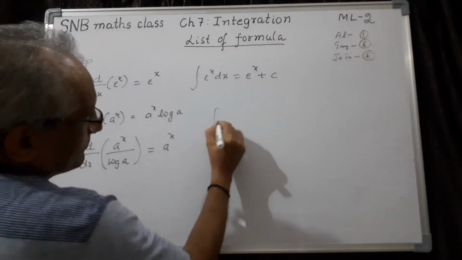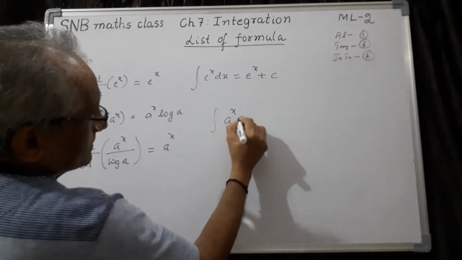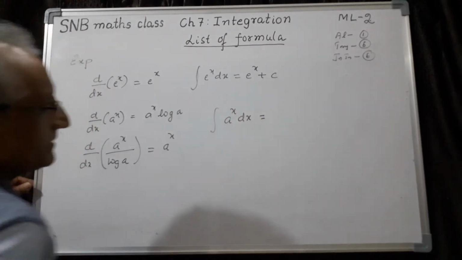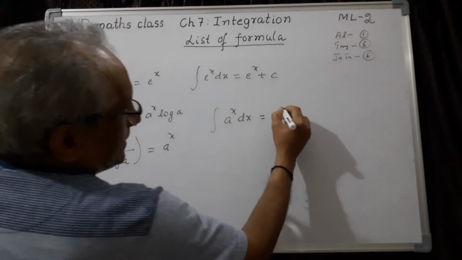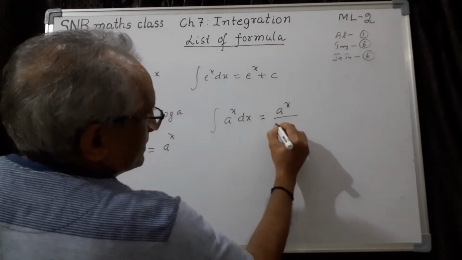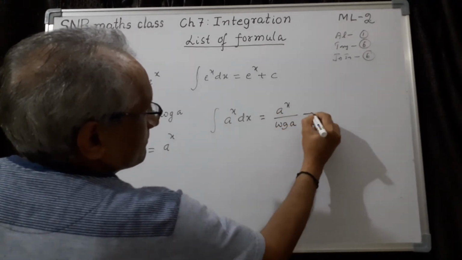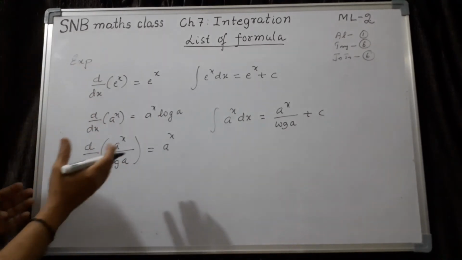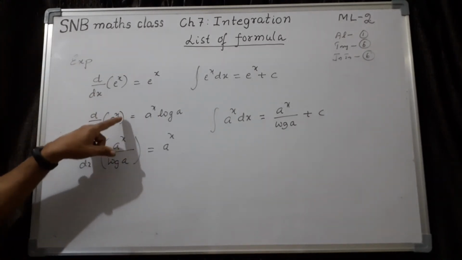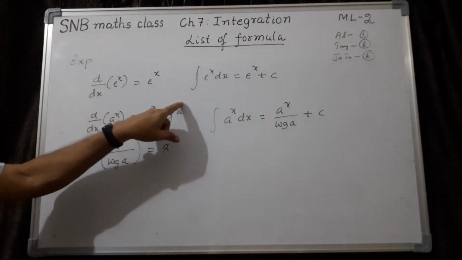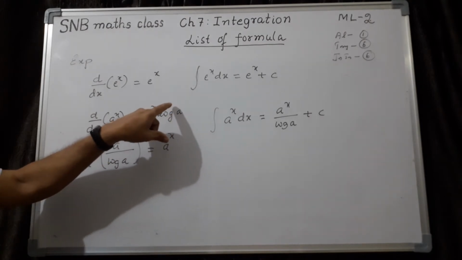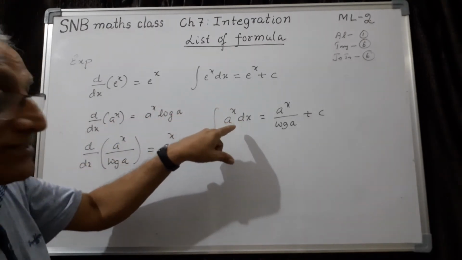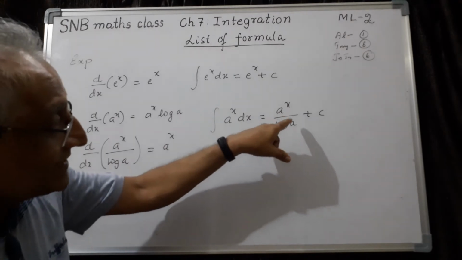Therefore the second formula is integration of a power x dx equals a power x divided by log a plus c. And the comparison is also very easy. When you are differentiating a power x, log a is multiplied, remember. When you are integrating, because it is a reverse process, log a is divided.